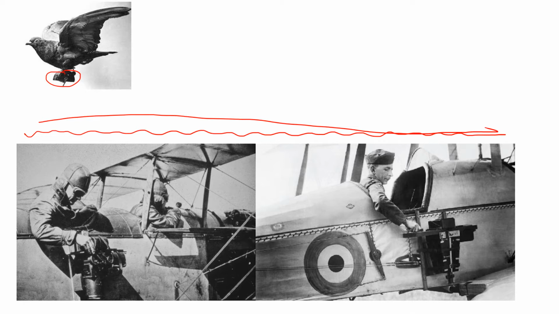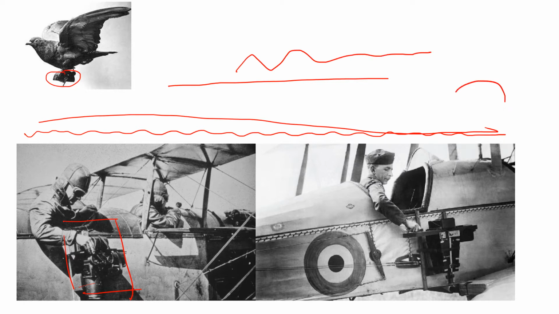Later on, when the Wright brothers invented the aircraft, they said let us attach a camera to the helicopter, because the movement of a pigeon cannot always be in a straight line. It will be in a zigzag fashion, or it may take random, sudden turns.